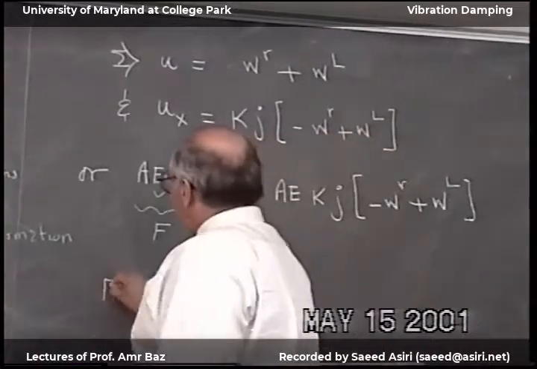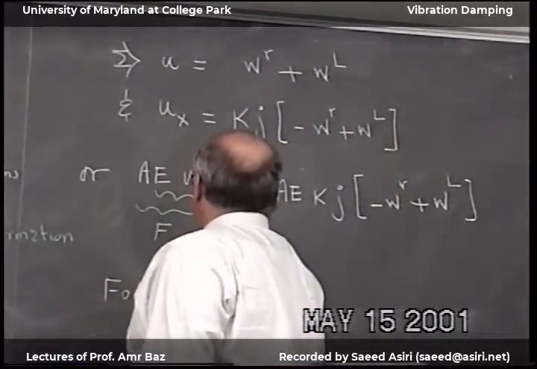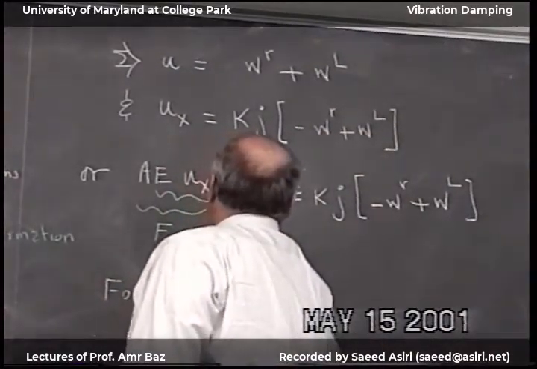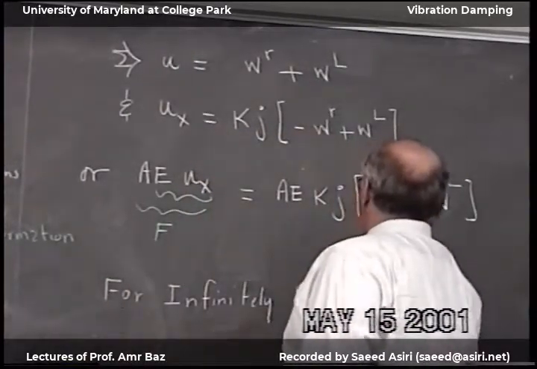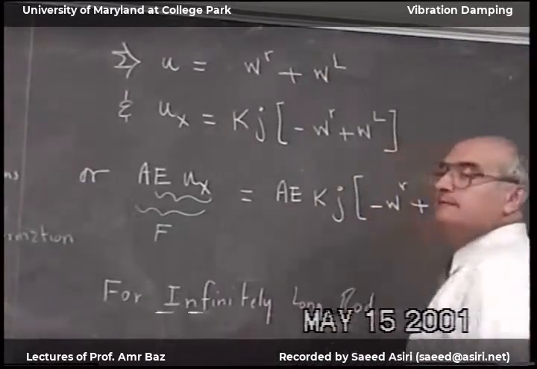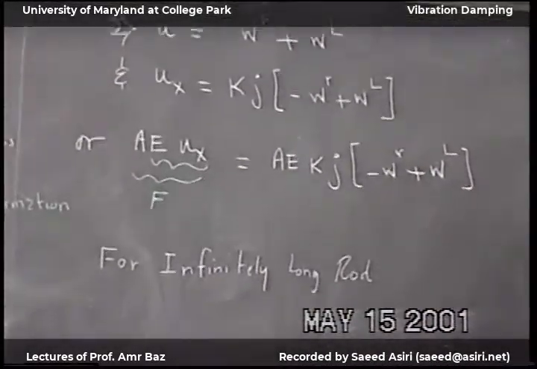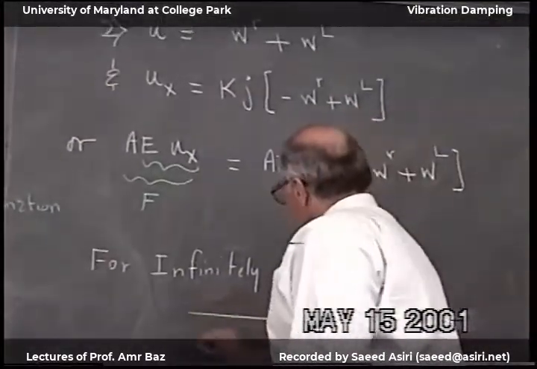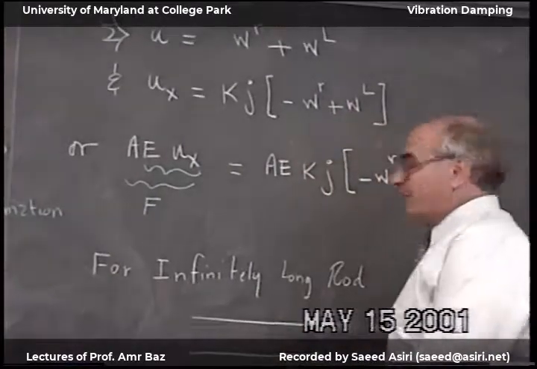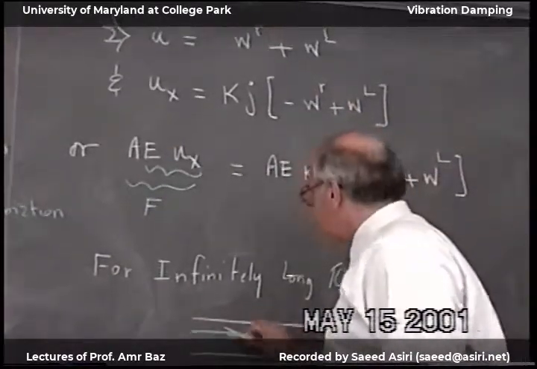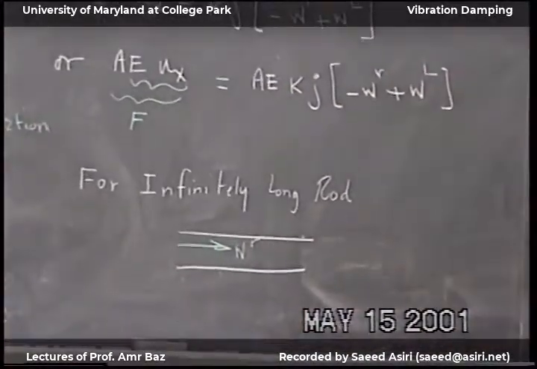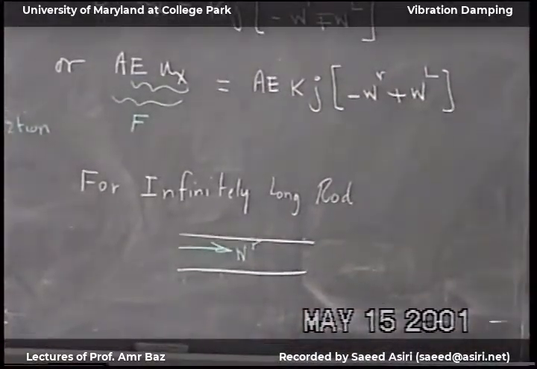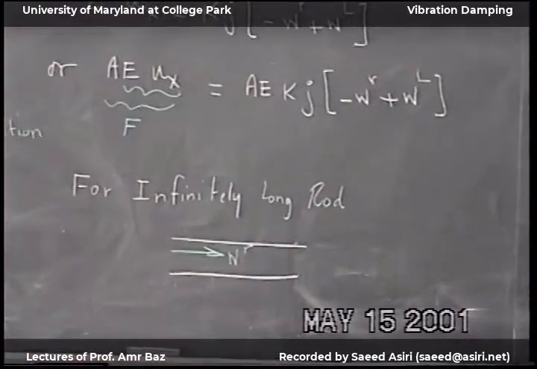Now for infinitely long rod, so we'll have right traveling wave. Because this is infinitely long, nothing will bounce back and move to the left.